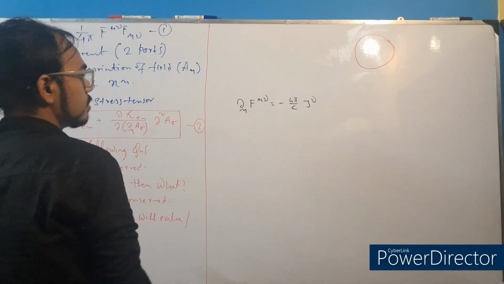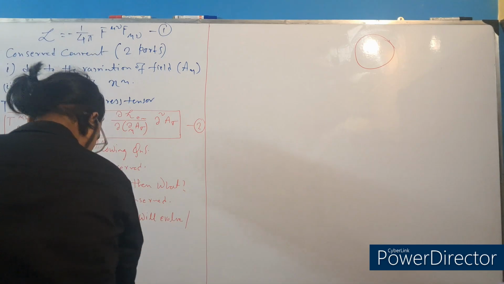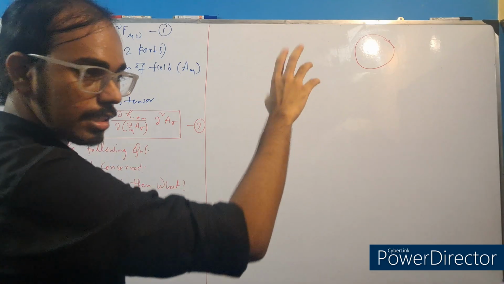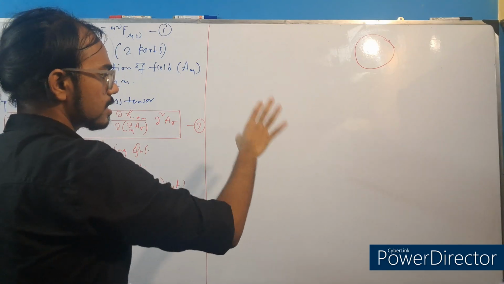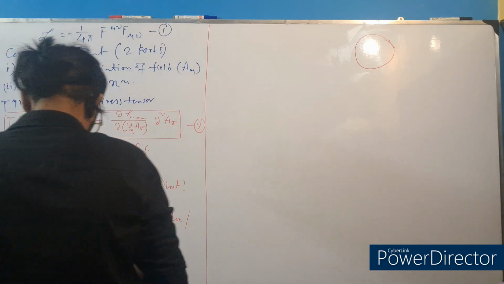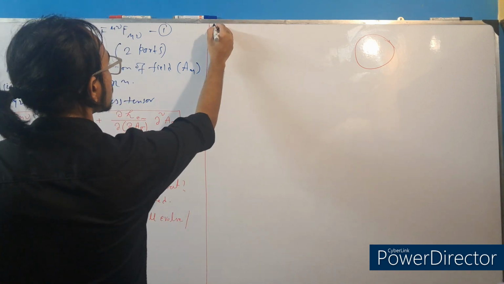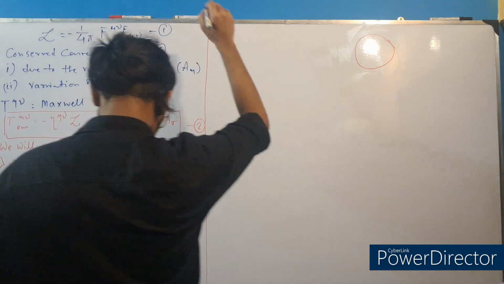I think you guys already know this. We will use this thing. And if we have no current in our system, then J nu will be 0. So we will just have del mu F mu nu equals 0. We will use this fact. So I will just answer the first question. Is it conserved?